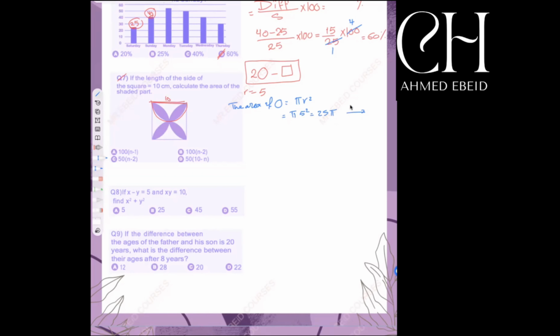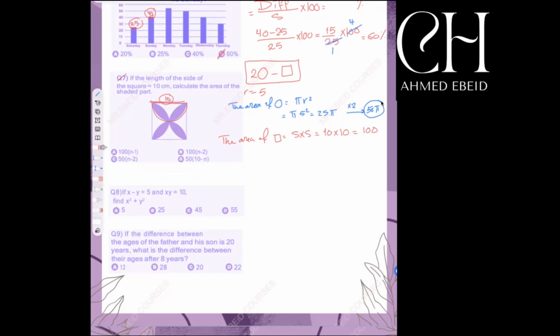Double it means you multiply it by 2, so 25 times 2 equals 50 pi. So this is twice the area of the circle. To find the area of the square, you know it is side times side. The side length is 10, so it's 10 times 10, which equals 100.